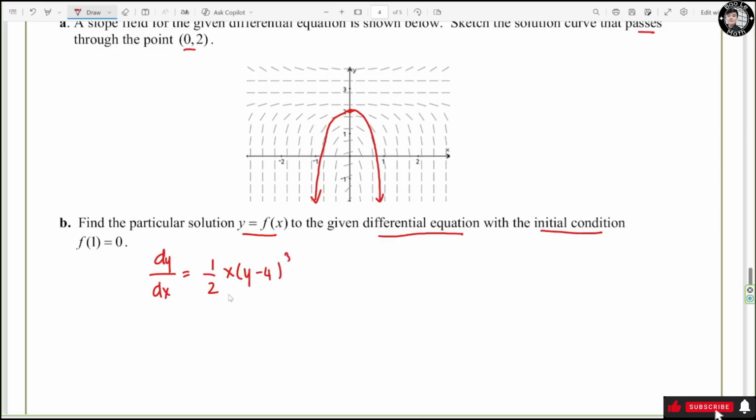Now you need to separate the variables first, right? So you're going to divide both sides by y minus 4 cubed and multiply both sides by dx, right? So you have dy over y minus 4 cubed equals 1/2 x dx, right?